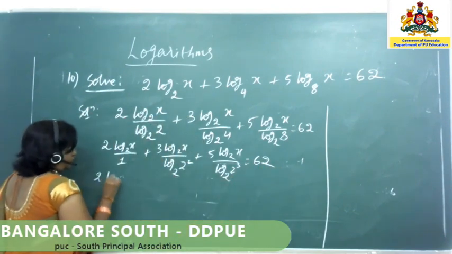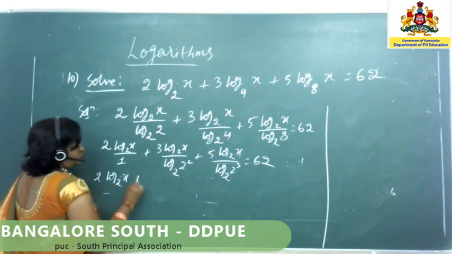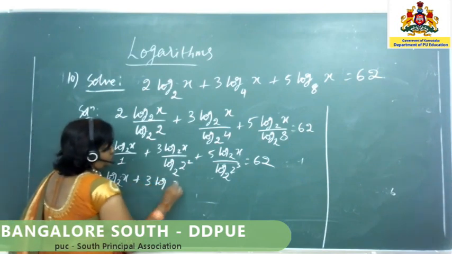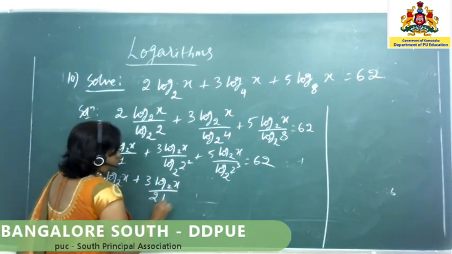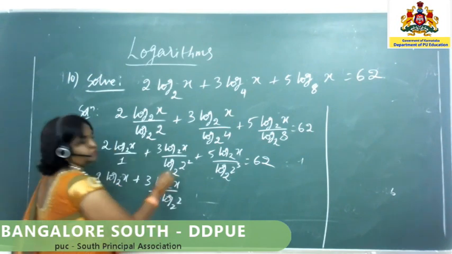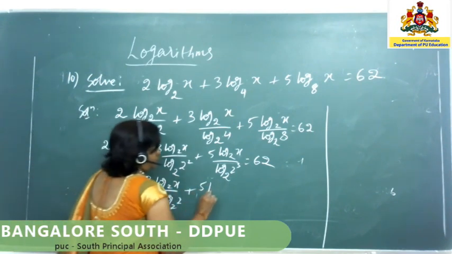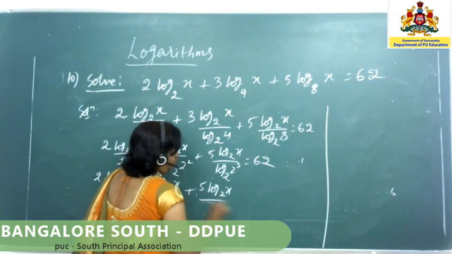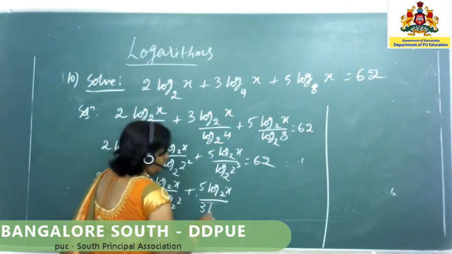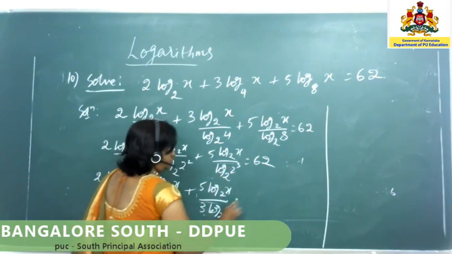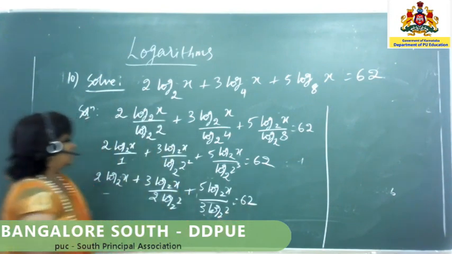So 2 log x to base 2 plus 3 log x to base 2 by 2 log 2 to base 2 plus 5 log x to base 2 divided by 3 log 2 to base 2 is equal to 62.